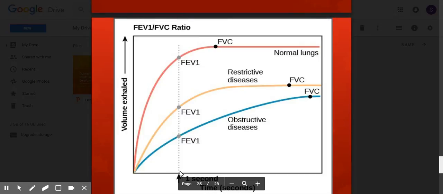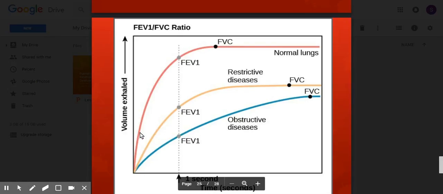And so the dotted line represents the first second of air being exhaled. And so a normal patient, characterized here in red, has that sharp curve of 75% of their air exiting the lungs during the first second. You then have the remaining 25% of air exiting the lungs during the remaining time of the forced vital capacity exhalation.